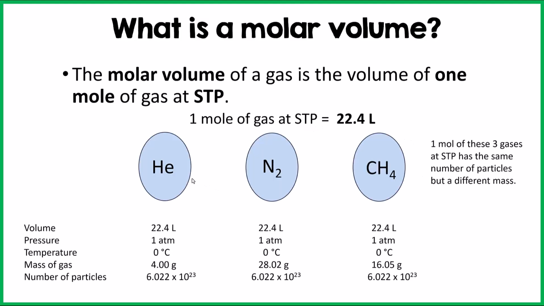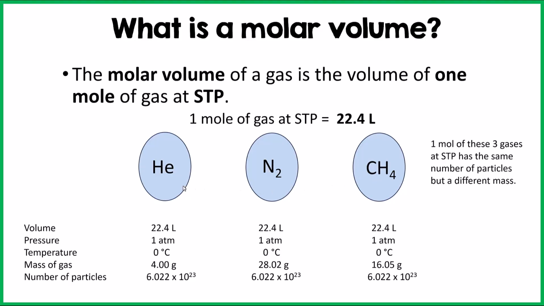If we look at an illustration here, we have, let's say, a balloon that has helium gas in it, a balloon that has nitrogen gas in it, and a balloon that has methane gas in it. 1 mole of these 3 gases at STP has the same number of particles because they all contain 1 mole, and 1 mole is 6.022 times 10 to the 23rd particles, no matter what gas we're talking about.